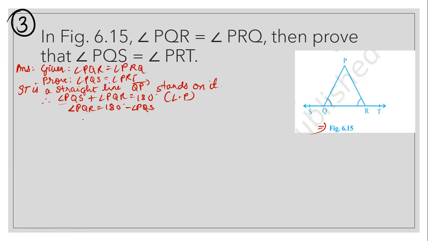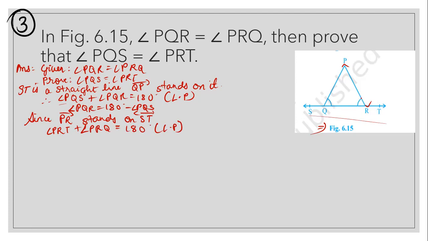Now, since PR stands on line ST, where is PR? This one stands on line ST. So angle PRT plus angle PRQ is equal to 180 degrees, again because it's a linear pair.